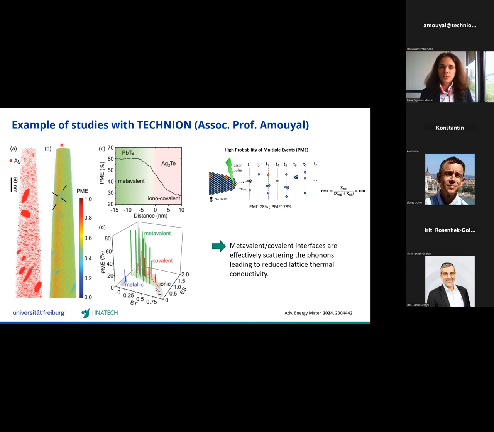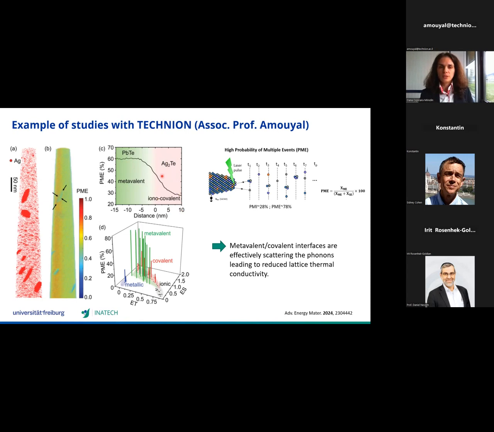But for this peculiar material, the lead telluride, we have a very high proportion of multiple events. If we look here at the PME value, we see that this is at least 60%, much higher than what is expected in the literature, which is below 30%, as is the case for the silver telluride.